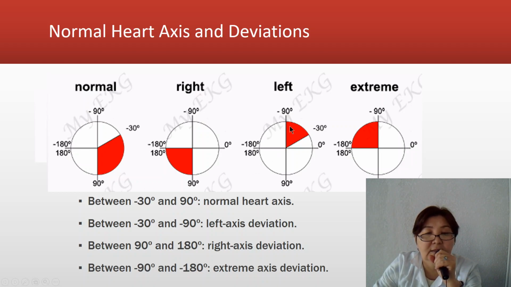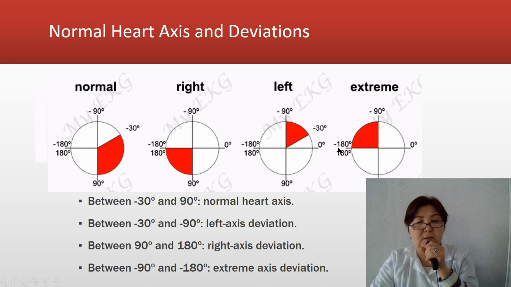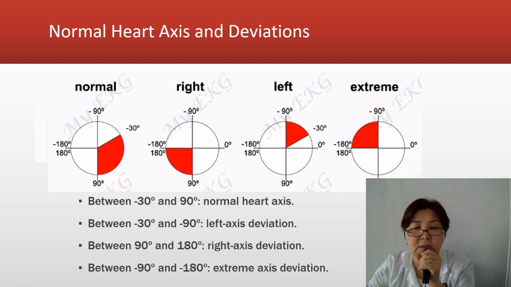Left axis deviation is between -30 to -90 degrees. Right axis deviation is between 90 degrees to 180 degrees. And extreme axis deviation is between -90 degrees to -180 degrees.